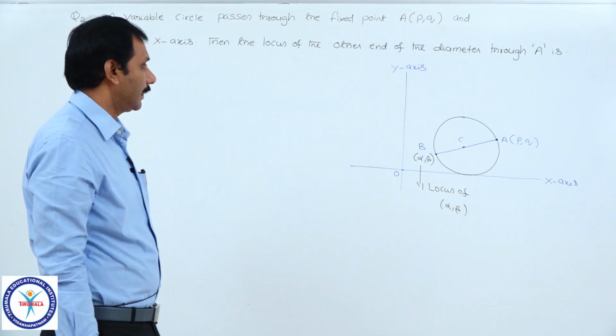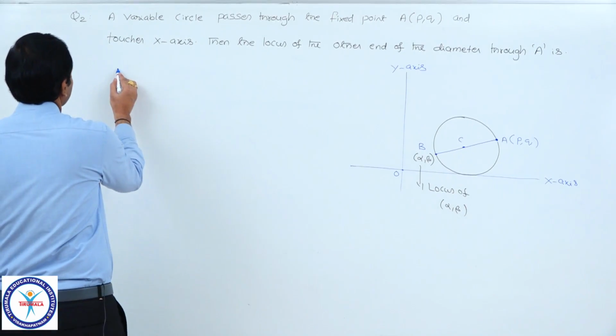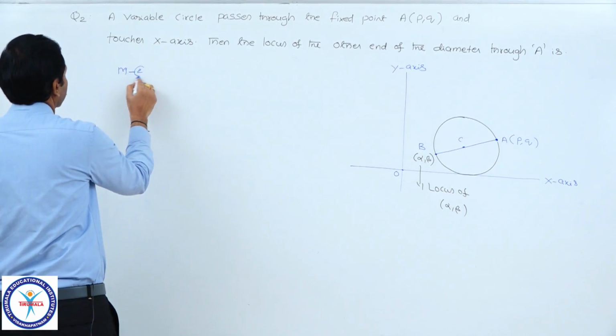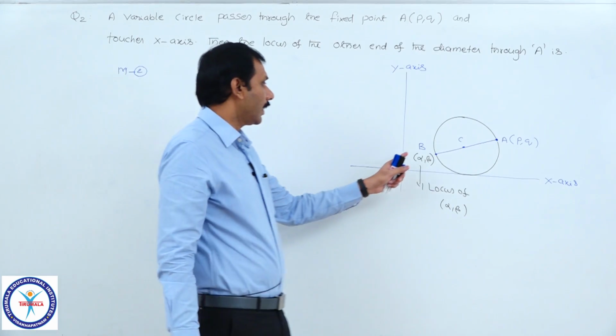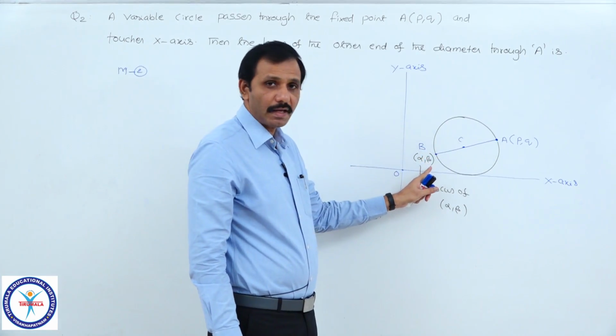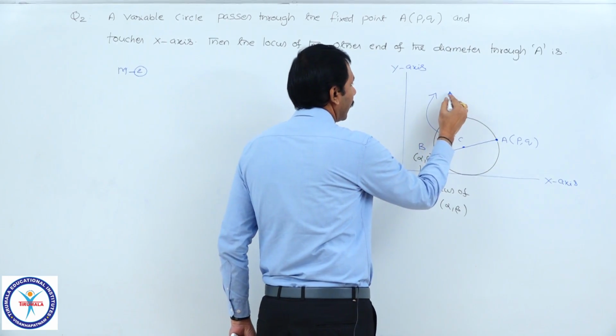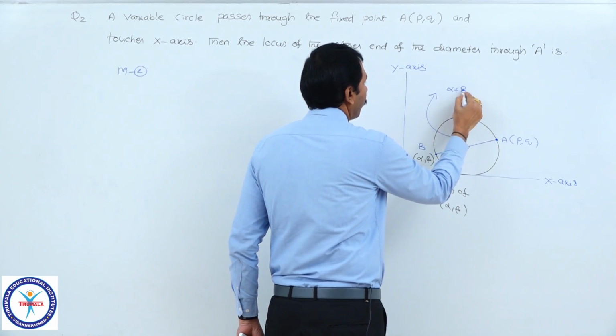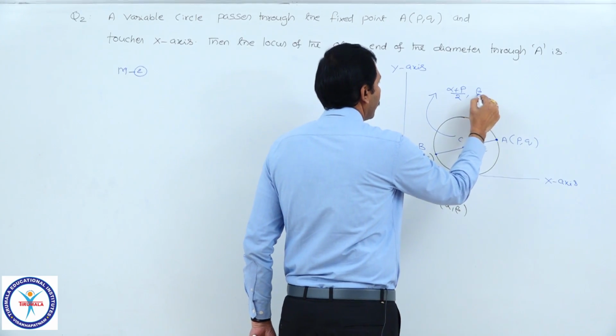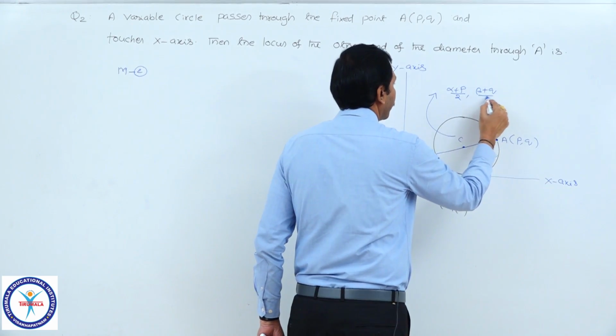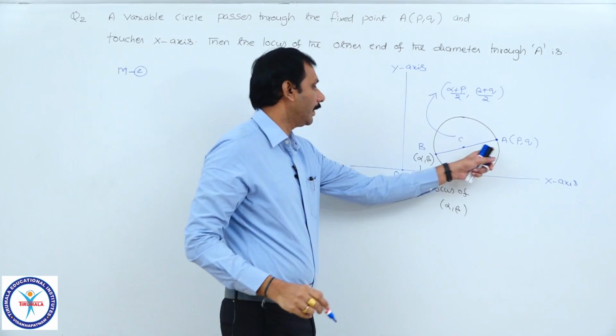Now, we will see another method. Yes, I have taken the other end of the diameter as (alpha, beta) only. Now what is the center of this circle? You see, (alpha plus p by 2, beta plus q by 2), the midpoint of AB.